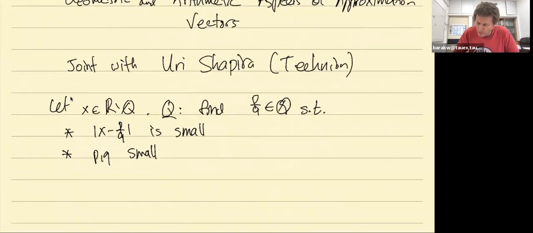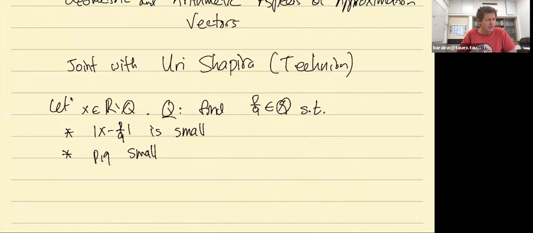To say this a little more formally, suppose I fix a number, capital Q, telling me how large P and Q can be. I can ask myself, with that bound on P and Q, how small can I make the difference? That's the classical question in Diophantine approximation.